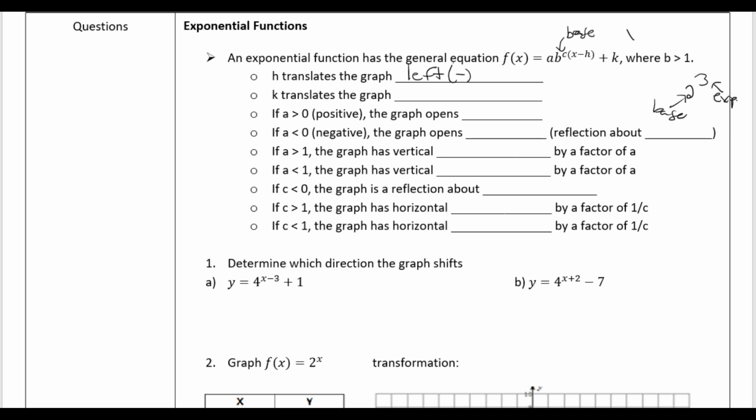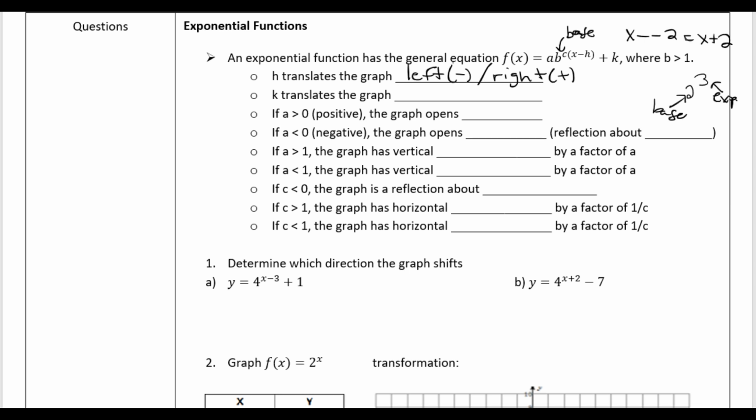So if h was -2, then we would have minus -2, which makes +2. And we know that if it's a +2 on the inside, then it's going left. So if h is negative, it's going left, and if it's positive, then it's going right. Don't get confused with that. Left because two negatives make a positive, right because a negative and a positive make a negative, and we know that negative is right.